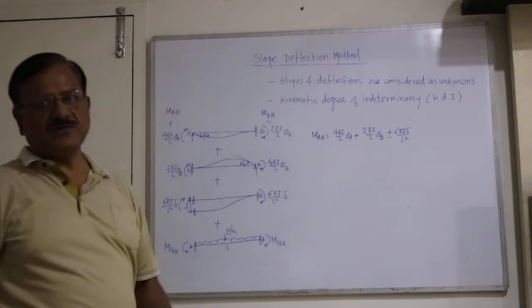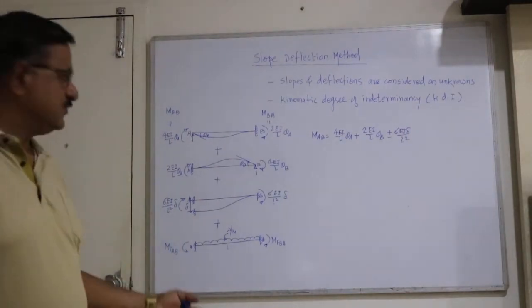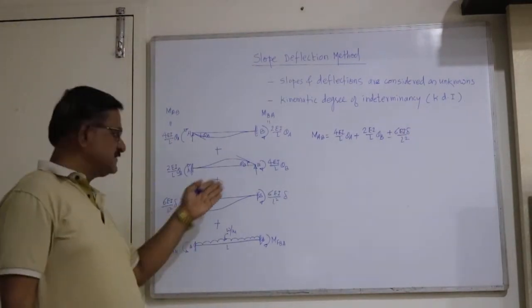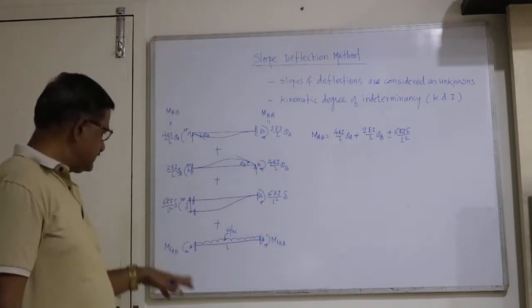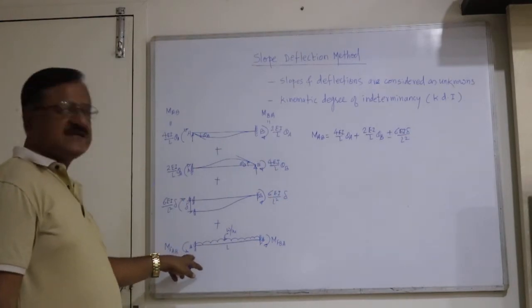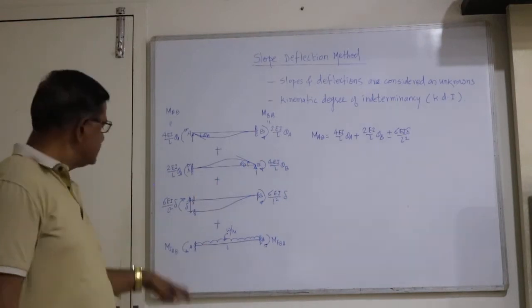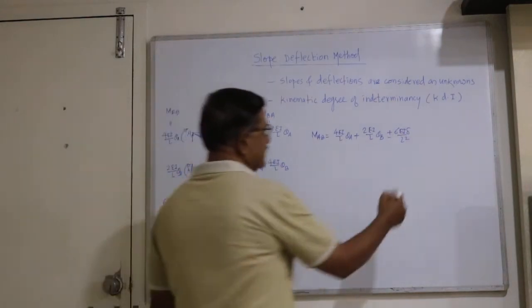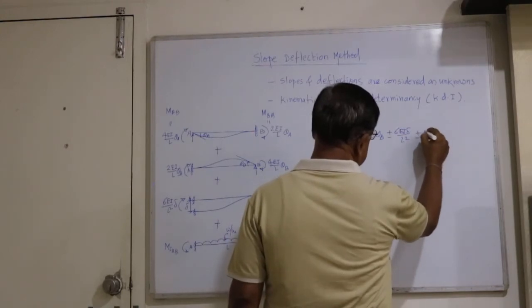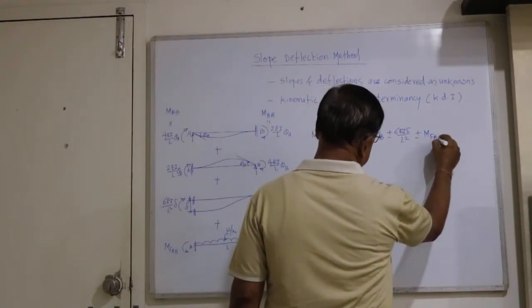That depends upon which support is down. Either if left is down, plus, if right is down, minus. And due to loading, generally left hand is anti-clockwise, or here also we can say plus or minus MFAB.